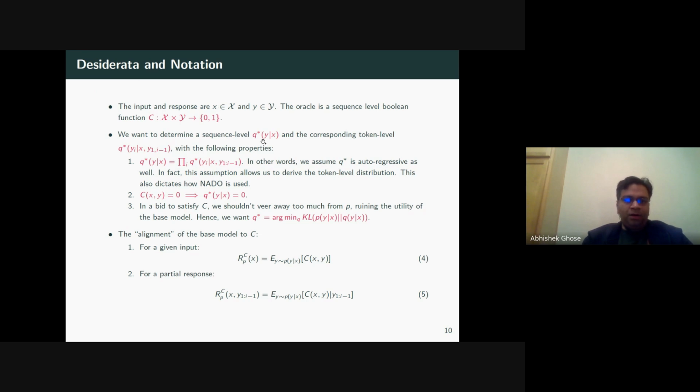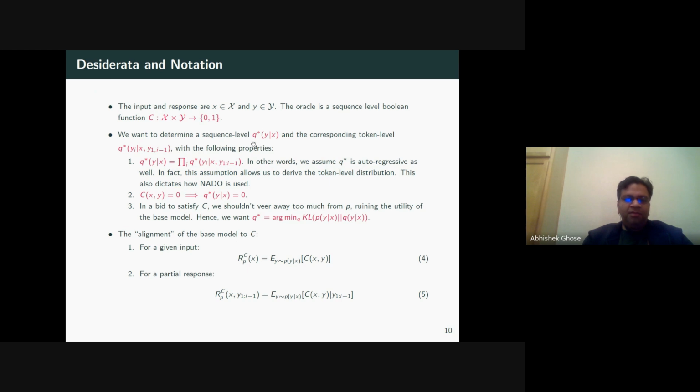Now we want to determine the optimal sequence level function that honors the constraint C, right? And correspondingly, we want to also find the optimal token level distribution, because when we're actually running the model, what we really need is to adjust the token level probabilities.